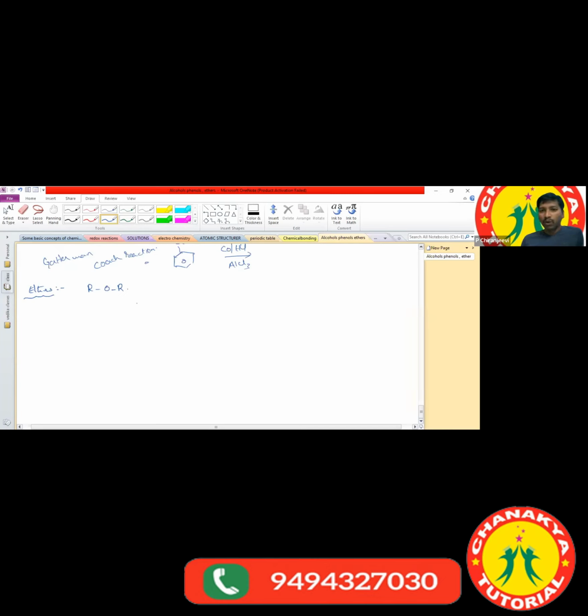Sir, how are you going to prepare the ethers? Two important methods we can discuss here. First, from alcohols: 2 moles of ethyl alcohol, C2H5OH, is treated with concentrated sulfuric acid at greater than 140 degrees centigrade; directly, at 170 degrees Celsius.